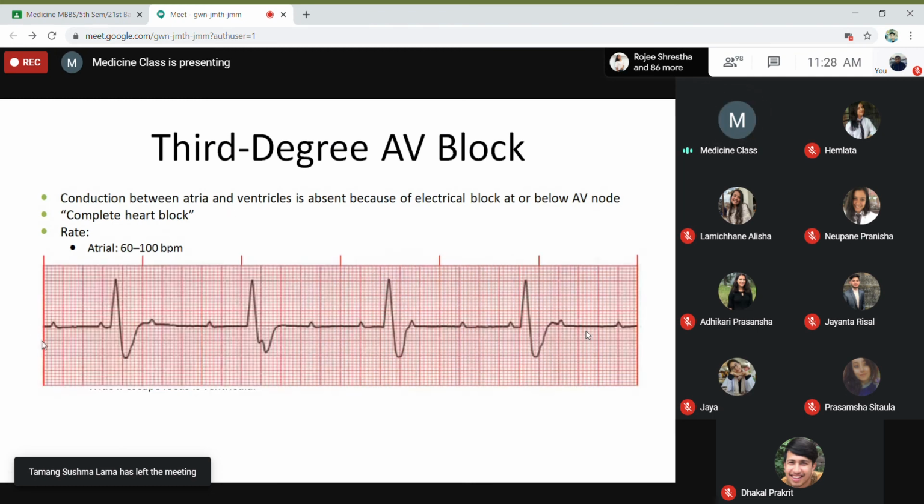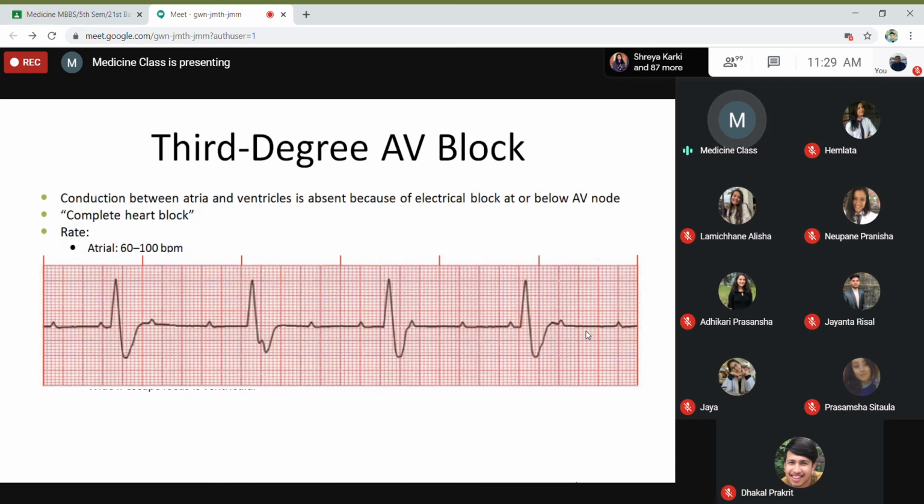See, the P waves will be coming regularly, at their own pace. And the QRS, this is the ventricular activity, is coming at its own pace again, but there is no association between the P wave and the QRS complex. So this should be regular on its own, and P will also come at its own regular pace.